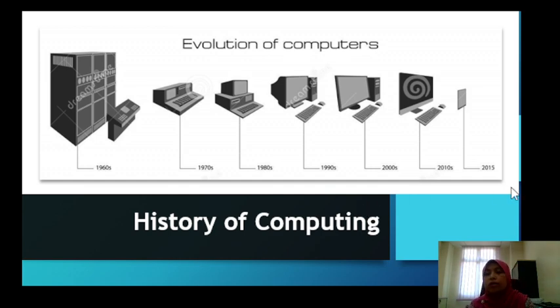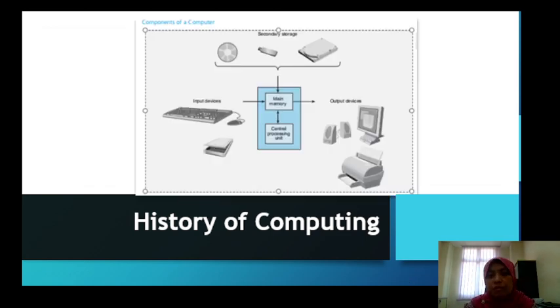Nowadays flip phones are back too. Samsung tried to bring up their flip phone used by the cat and dog, as in their TV advertisement. Everything about the evolution of computers is getting easier and smaller. Here is the component of the computer.